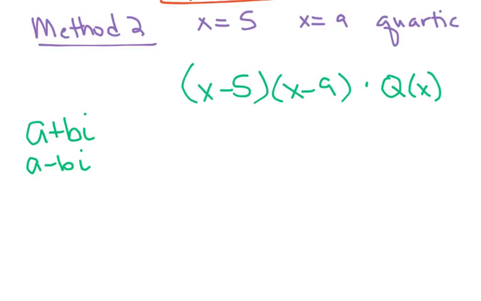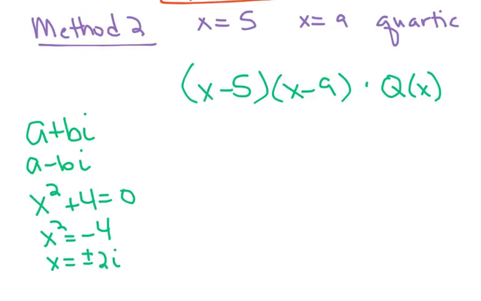Here's an example. x squared plus 4 will give me imaginary roots, because if you set it equal to 0 and you solve, you will get plus or minus 2i. Or you could use x squared plus 9, because it will give you the imaginary roots plus or minus 3i.